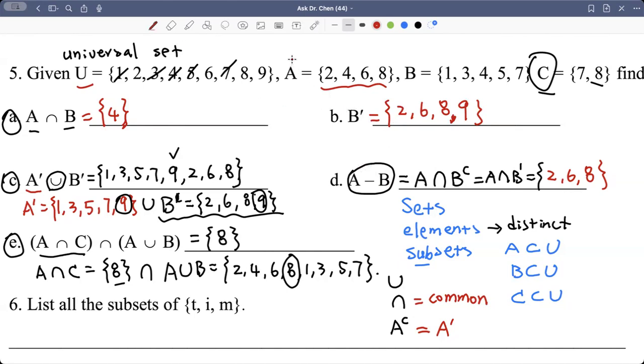I should focus on these two, right? A minus B. So 2 is in A, not in B. 4 is in A, also in B. 6 is in A, not in B. 8 is in A, not in B. Okay. So we have 2, 6, 8.